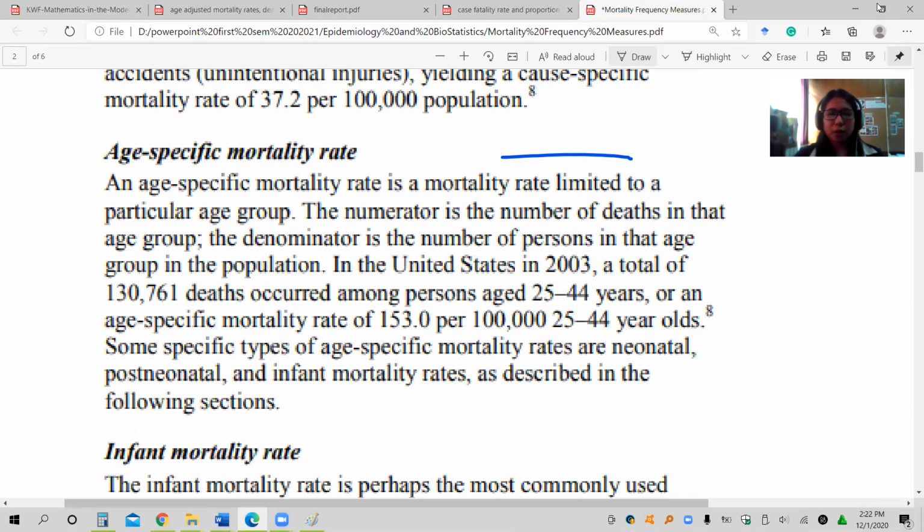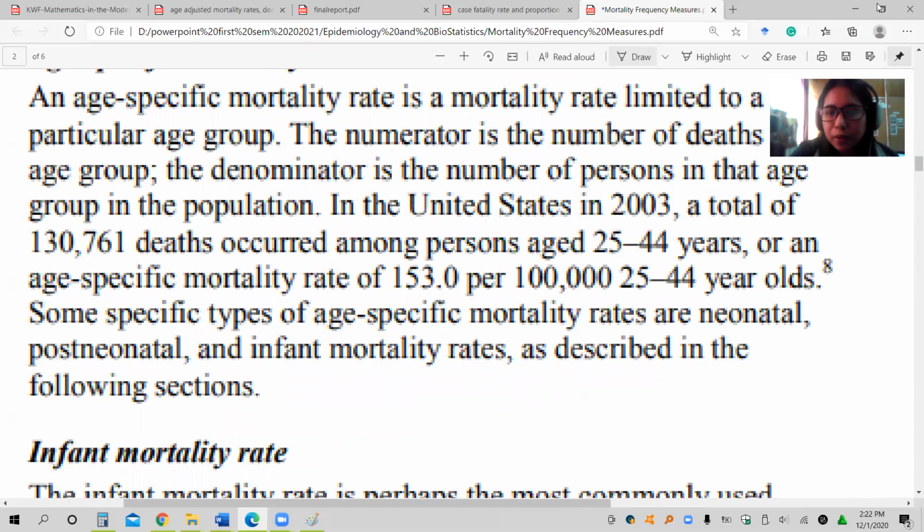As also used in the term itself, it has something to do with age, which means if you want to know the specific mortality rate of age 25 to 44 years old, then you can also compute for age-specific mortality rate. So in the given example, you must know the age of the individuals.